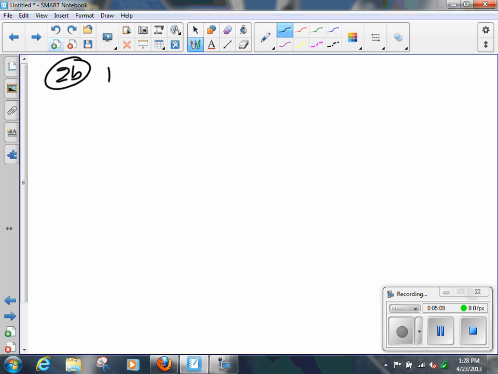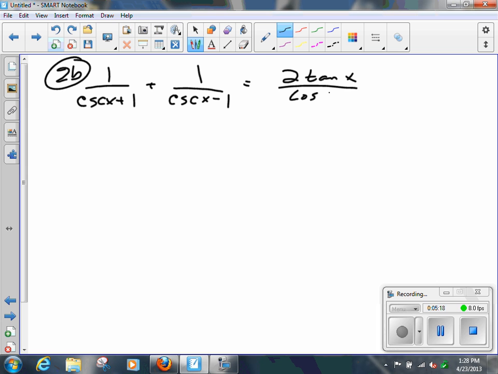So, all right, this problem, I got to work both sides of this. Okay? Common denominator. Folks, what's my common denominator going to be? And I'm not going to show every step. On the left side, what's my common denominator going to be? All right, if I multiply those two denominators together and I FOIL it out, what's it going to end up being?